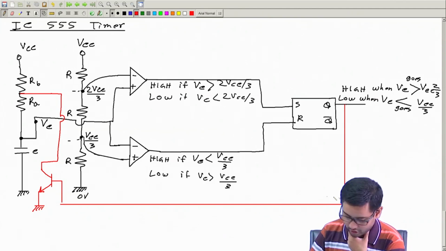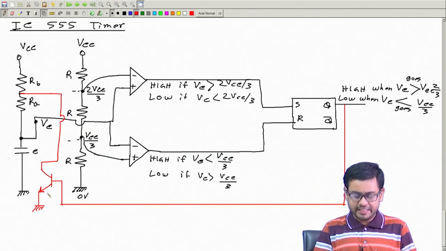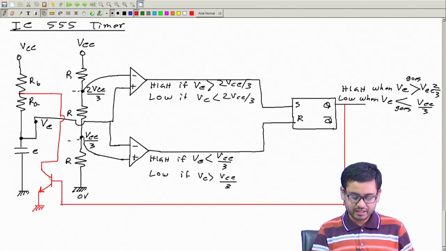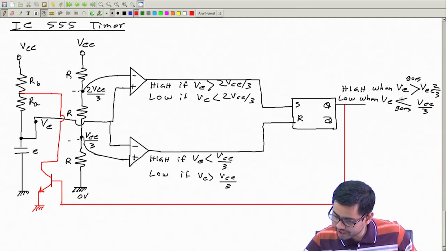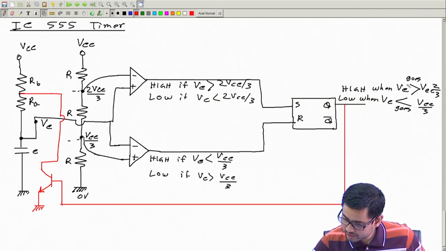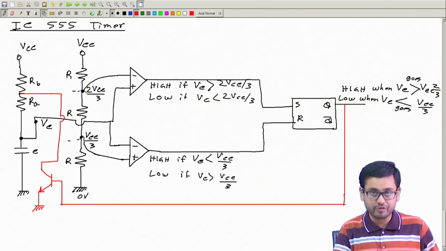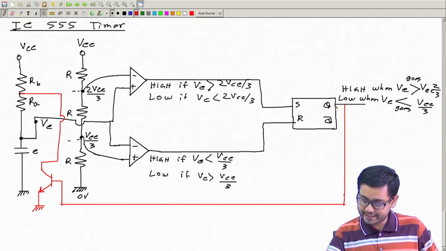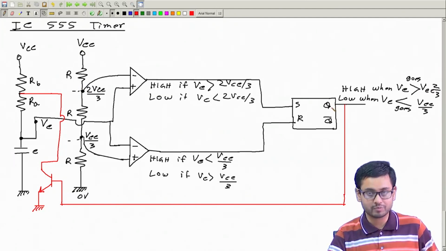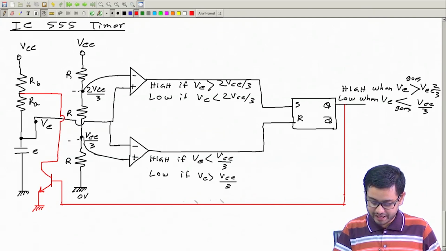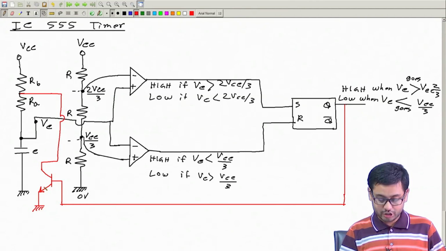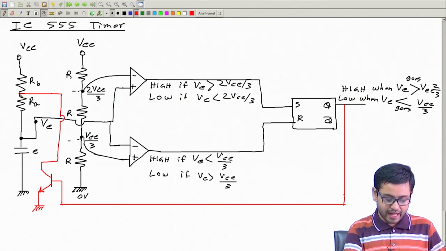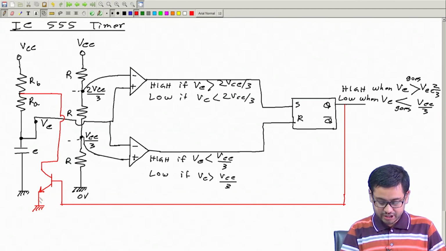Say initially this is off, current is coming and this voltage is increasing. According to this logic, when Vc goes above 2/3 of Vcc, this output becomes high. So this will be connected to this, and then this transistor will be short circuited, this switch will be on, and the capacitor will discharge through this.